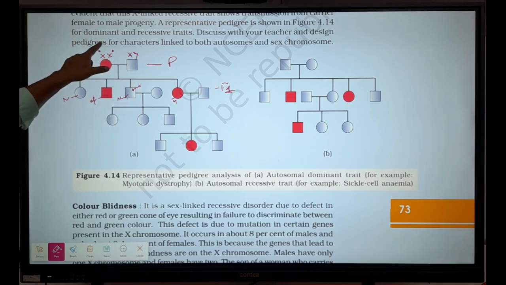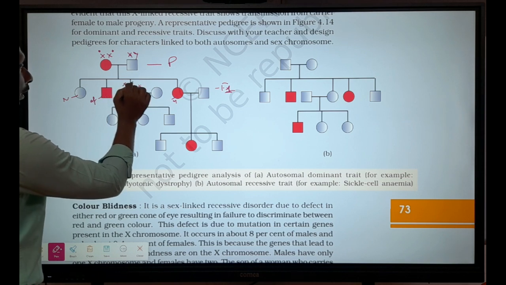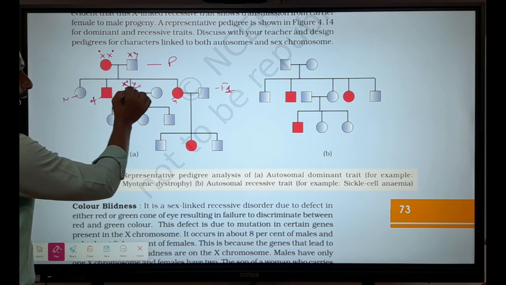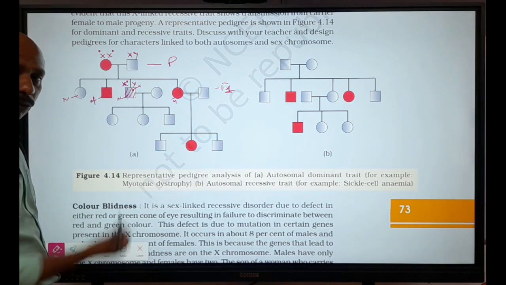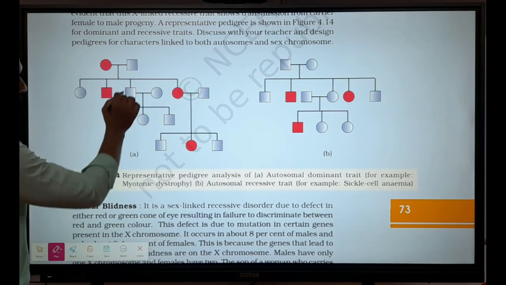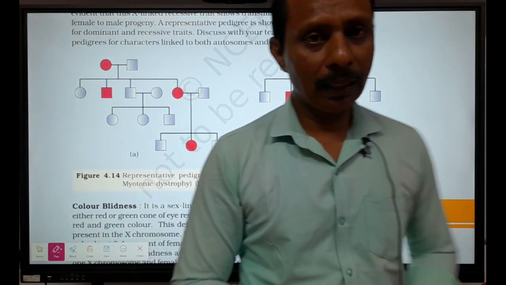If it is an X-linked recessive trait, then both X contain this trait, and this male also contains X from the mother and Y from the father. The X contains this trait, that means he should be affected, but he is normal, so it is not a recessive trait. So first we understand that it is not an X-linked recessive trait, right?